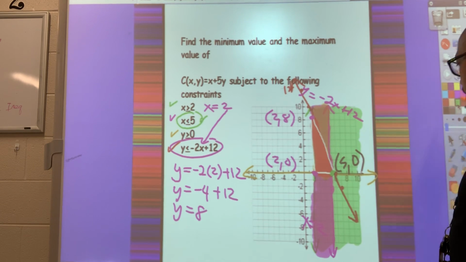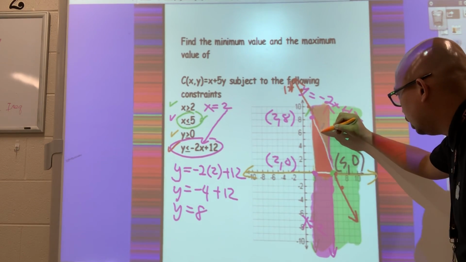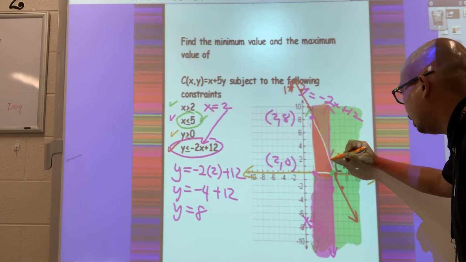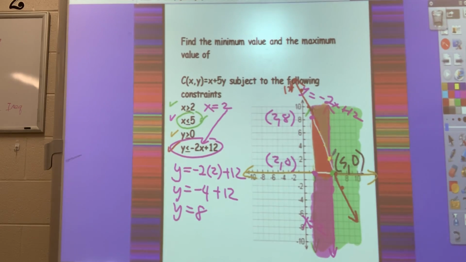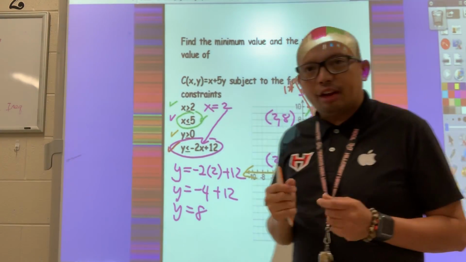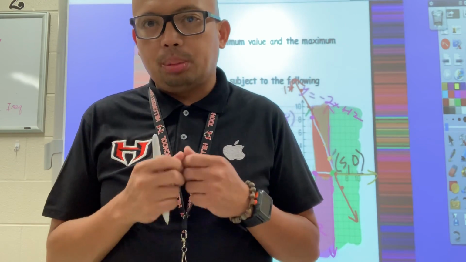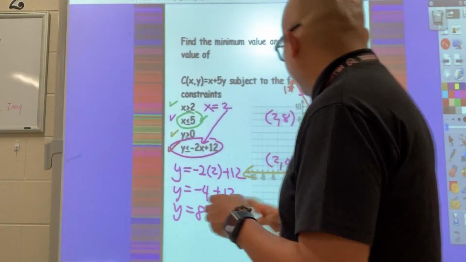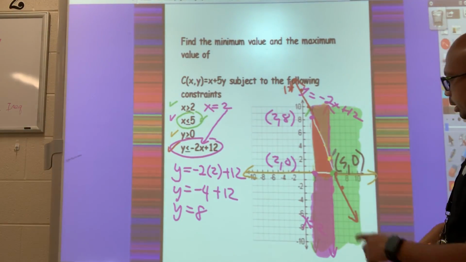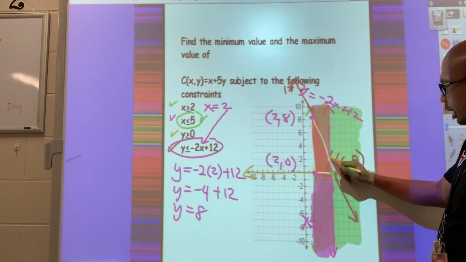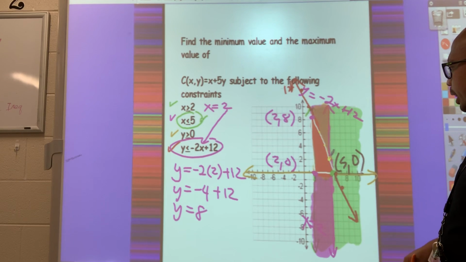Hold on, down 2, 1, down 2, 1. There's another point here. It's really important that you graph them precisely on graph paper so you can see the actual points. I couldn't see it clearly here, but there should be another point right here, this yellow point. How do I get that one?